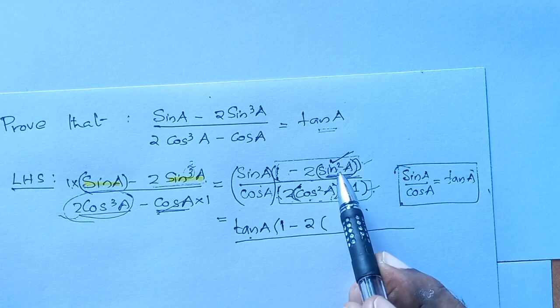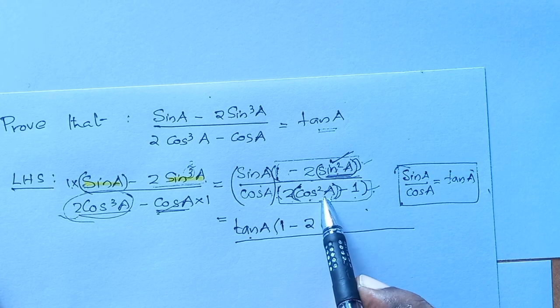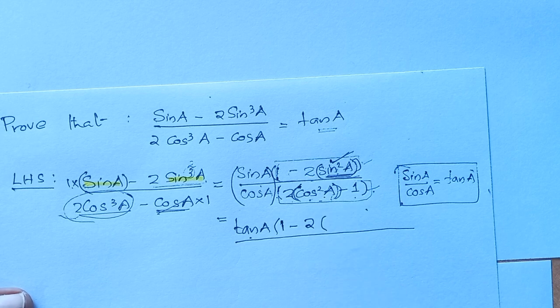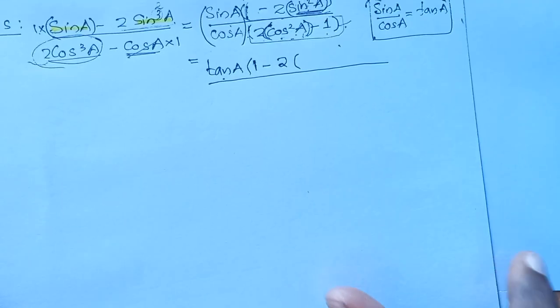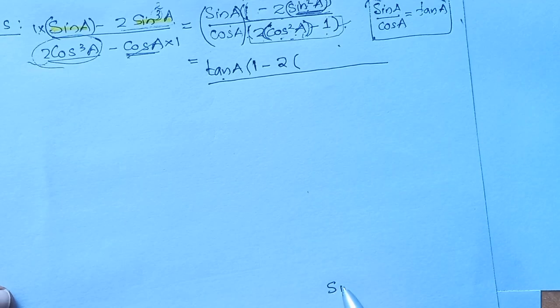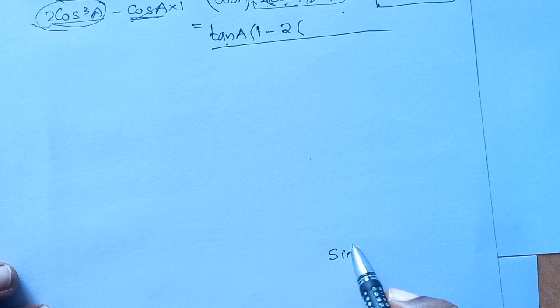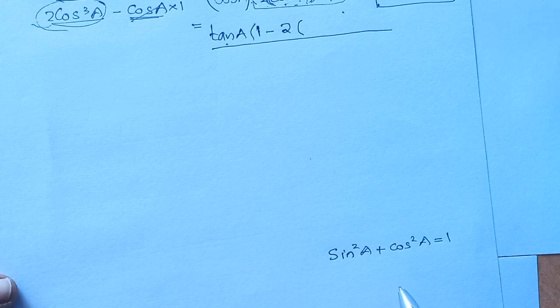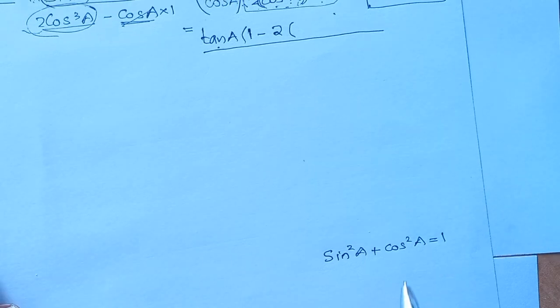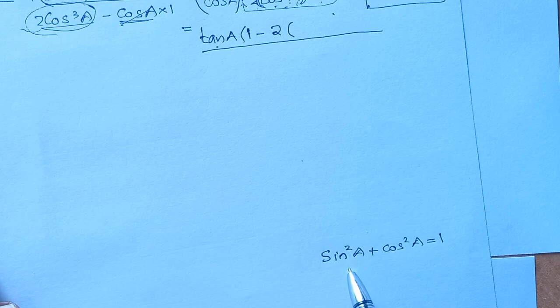How do we connect sin square a with cos square a? For that, you know already the first identity, sin square a plus cos square a is equal to 1.